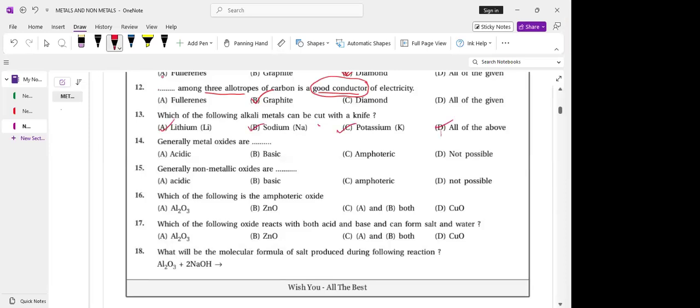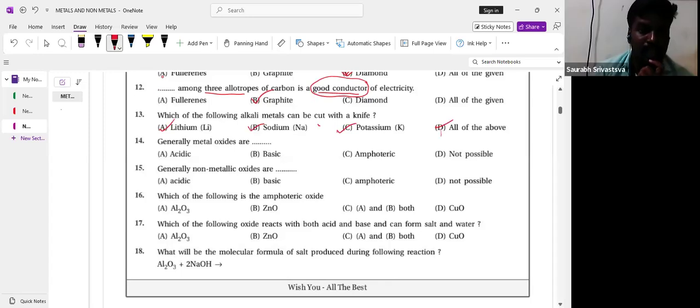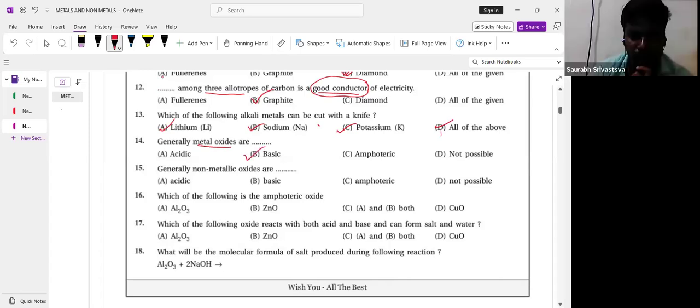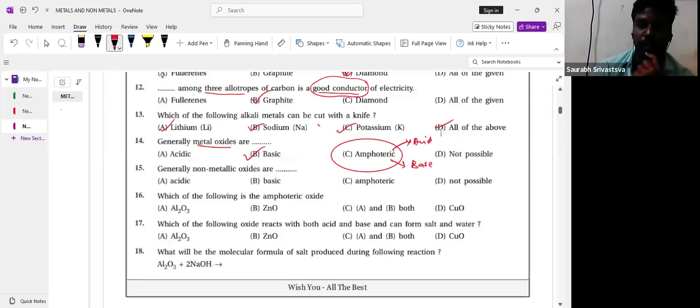All are the answer. Next, generally, metal oxides are what in nature? Generally, metal oxides are basic in nature. Then here one word they have given, amphoteric. What is the meaning of that? Amphoteric means it will behave as an acid as well as a base.